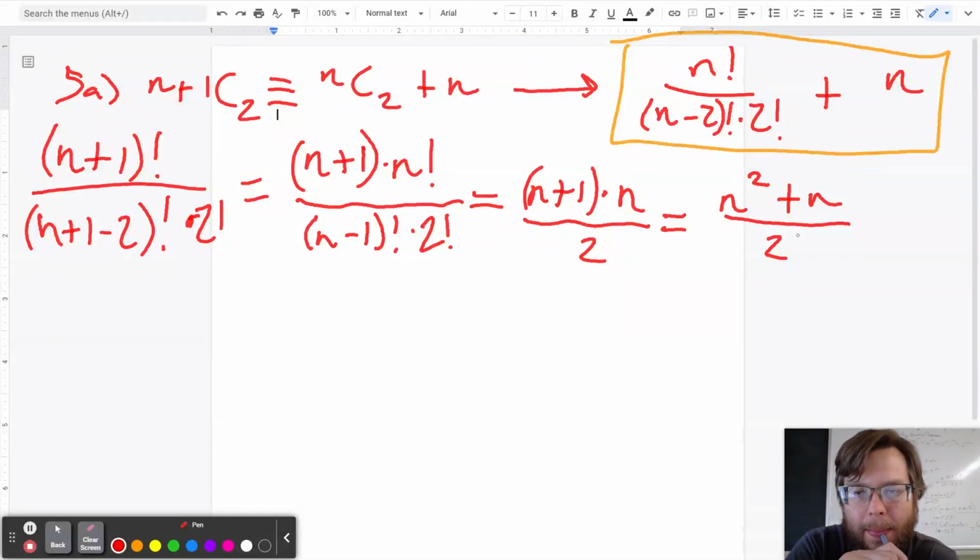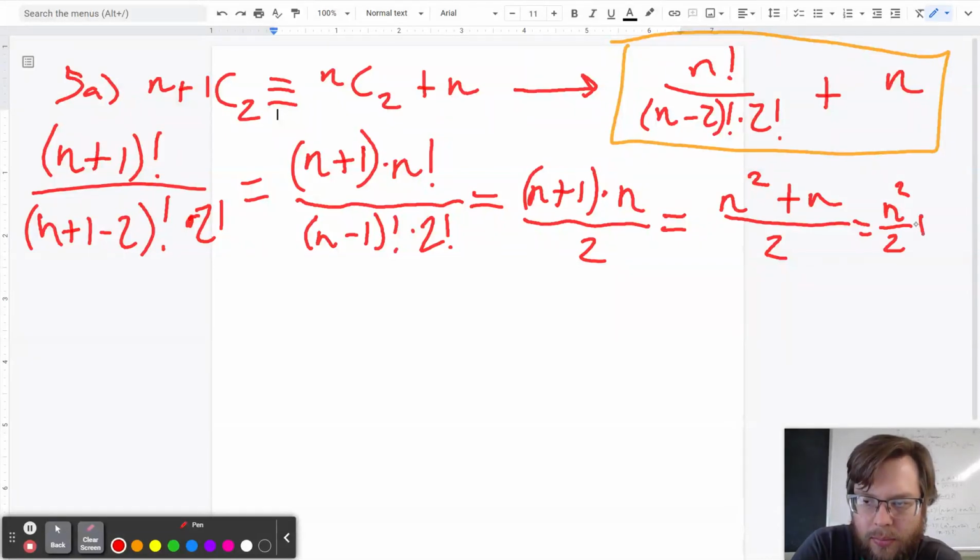Let's see, how can I make that turn into what I want it to turn into? I want there to be an n factorial on the top. I can make this into n squared over 2 plus n over 2.